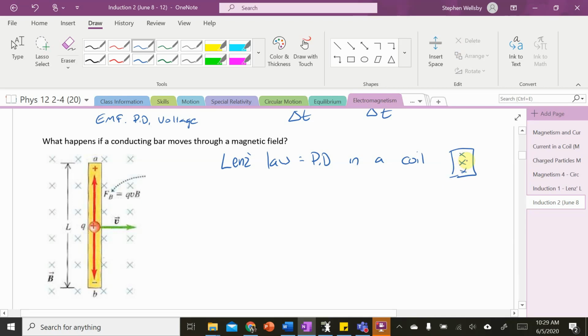So if we have more flux going down into the loop, we need to get the flux back out of the loop, and so in this case we would create a current going counterclockwise, because using our right-hand rule, a counterclockwise current here would produce flux going in this direction, and that would cancel out the change. So Lenz's law says whenever there's a change in the flux going through a loop, we need to induce a current that will reverse that change. We're getting more downward flux, we need to get less downward flux, or more upward flux to cancel it. We're getting less downward flux, then we need to get more downward flux. So it's always producing a current to produce a change which counteracts the initial change.